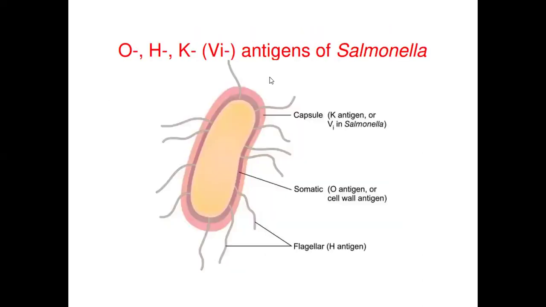Here you can see O antigen, it's an antigen of the cell wall. H antigen, it's an antigen of the flagella. K antigen, it's an antigen of the capsule, and Vi antigen in the case of Salmonella, it's a capsule antigen.